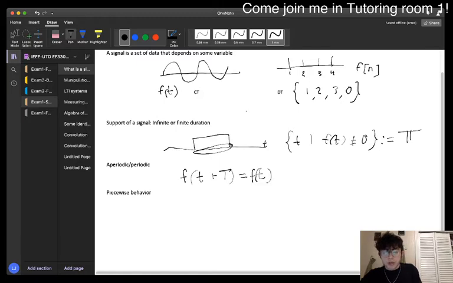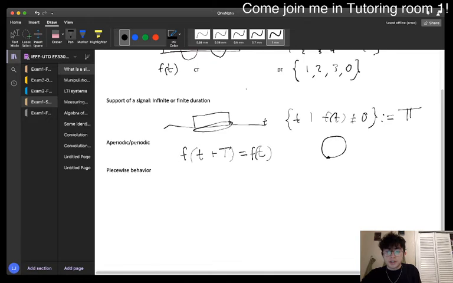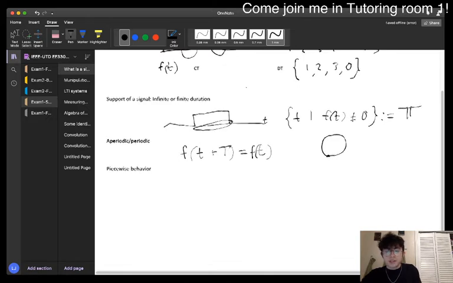It'll loop back around. So if we start here and our function is a circle, we'll loop back around to the start again. That would be something that might be 2 pi periodic. We're just advancing in time.